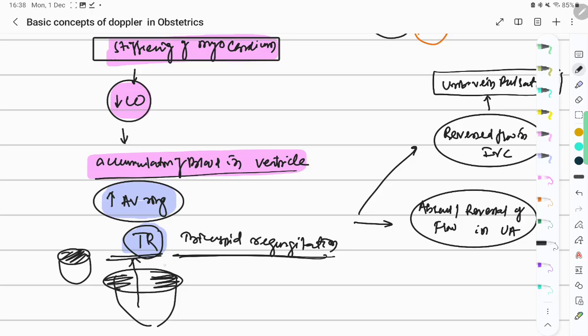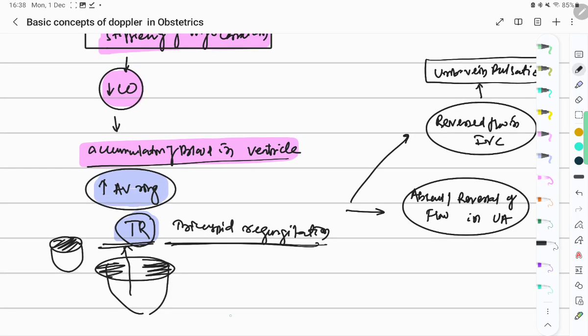Once there is tricuspid regurgitation, suppose this is the ventricle and this is the aorta. Because of tricuspid regurgitation, blood goes into the atrium, right atrium and left atrium. From the right atrium, blood goes to the IVC and SVC. Blood cannot go forward, so it has to go backwards.